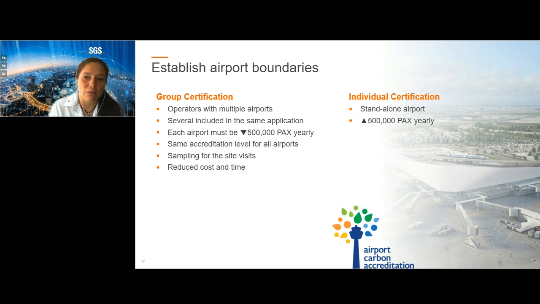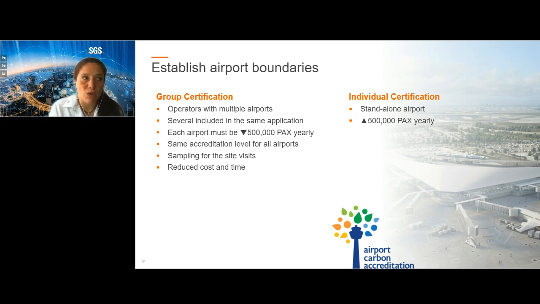This is very important because in some countries, there's a company that owns several airports, and maybe they better apply through a group certification, as this will reduce the resources, time spent for you to put the application. Plus, also, it will be cheaper at the end of the day because you only have to apply for one group accreditation.